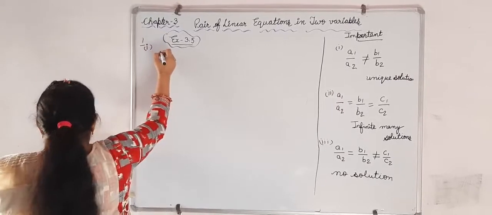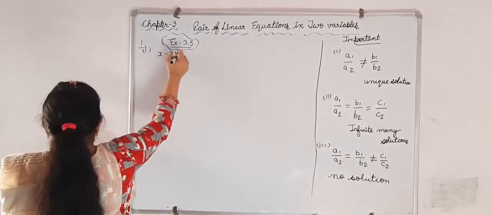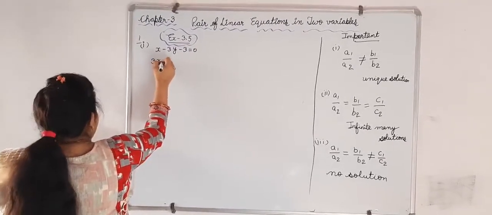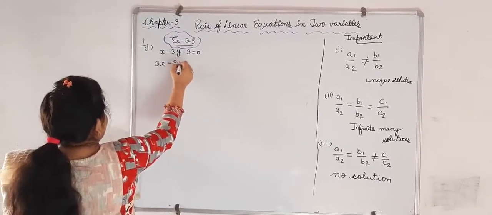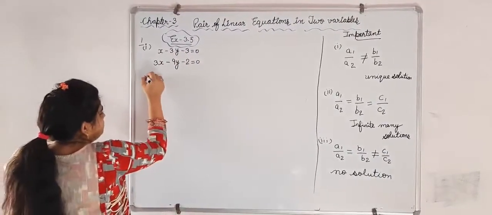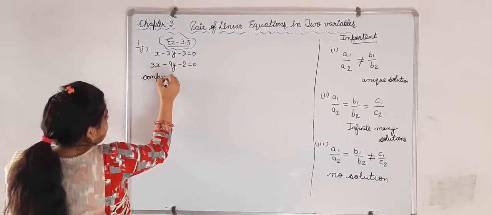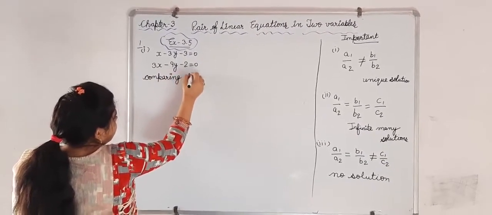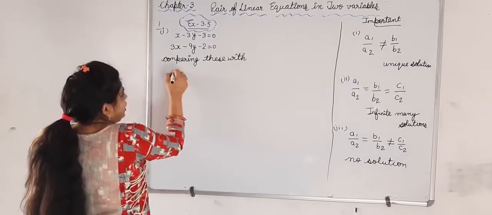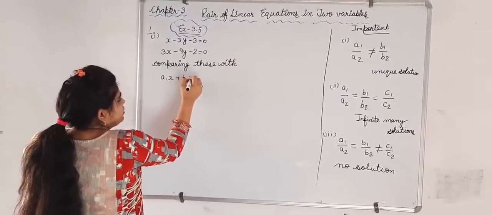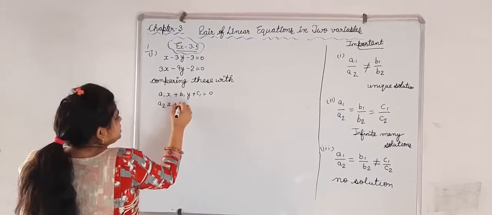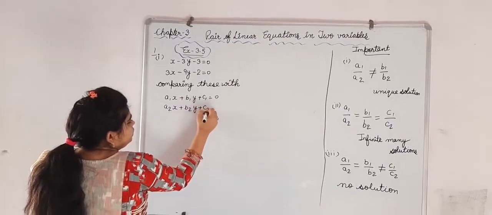First part, x minus 3y minus 3 is equal to 0, and 3x minus 9y minus 2 is equal to 0. Comparing these with a1x plus b1y plus c1 is equal to 0, a2x plus b2y plus c2 is equal to 0.